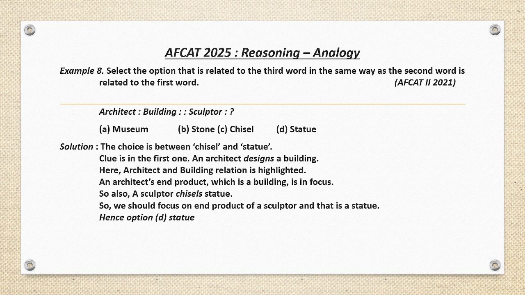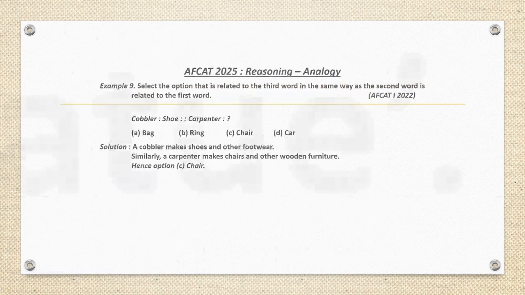With the help of a chisel, sculptor works. Okay, but what the architect is doing, he is designing a building, right? So sculptor, he designs or he makes a statue, right? So correct answer is statue.